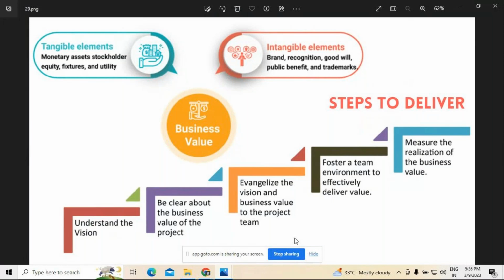If you remember, a couple of sessions back I discussed this business value part, but on a high-level note, not the detailed one. So today I'm going to discuss the business value part.